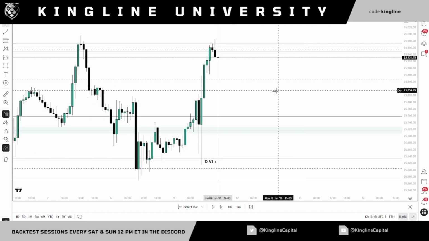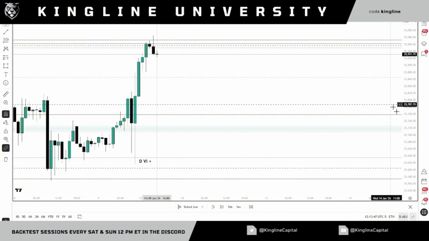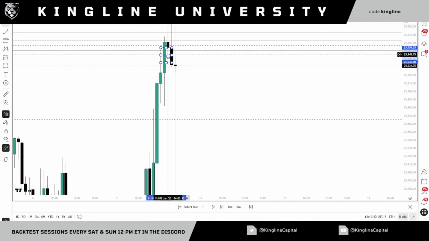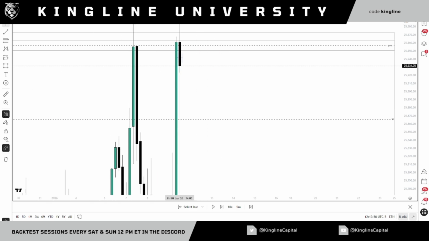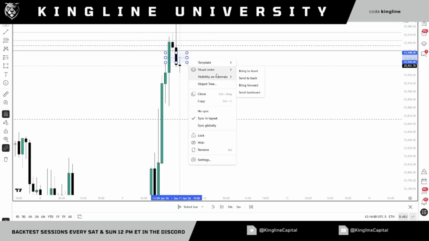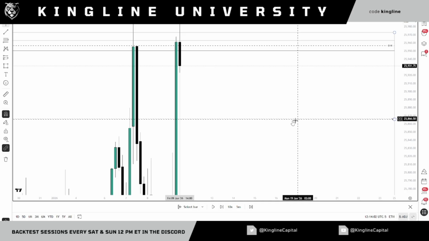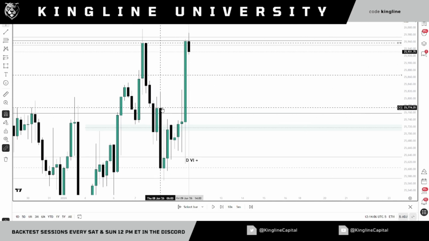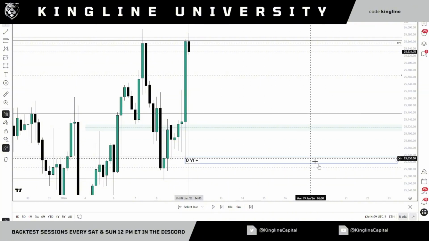We have an inversion on the 1 hour, and on the 4 hour, nothing. On the 4 hour, the next order block is down here, so it's a ways away.